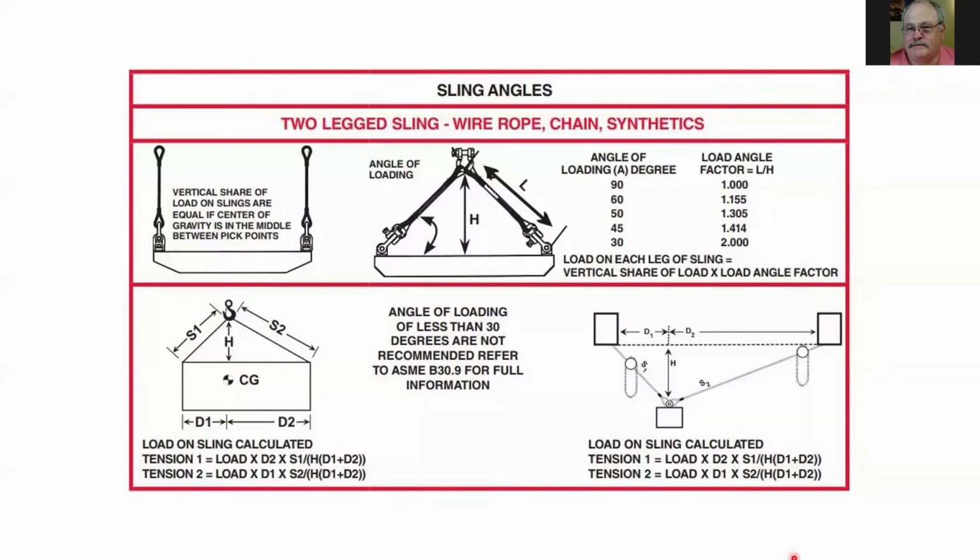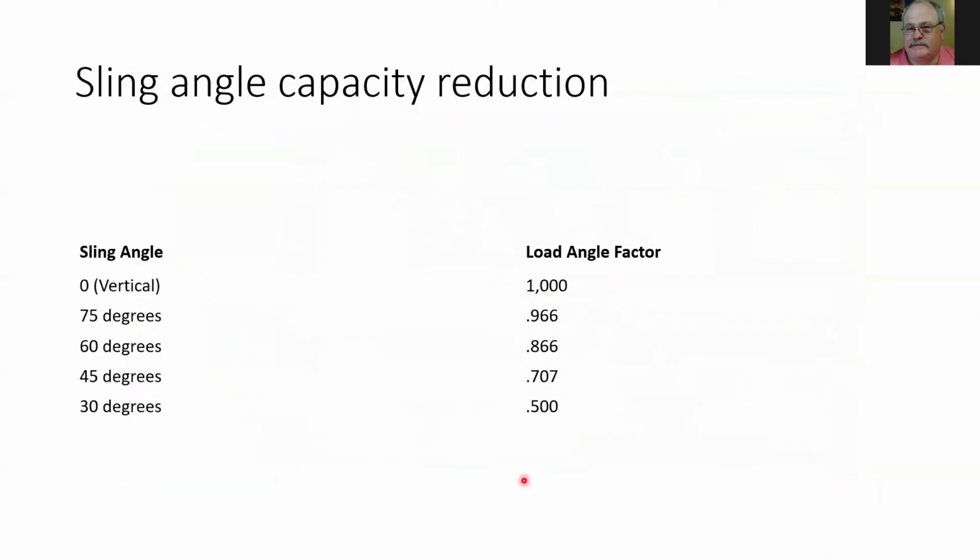So with this little pocket guide, we can actually come down here. And the other part of it is that we also have a capacity reduction. So it's not only an increase in the forces on the slings, we can also say, as I load slings at an angle, I have a reduced capacity of the sling. And this is the sine of the angle. So at 0 degrees or vertical, we have a 1 factor.